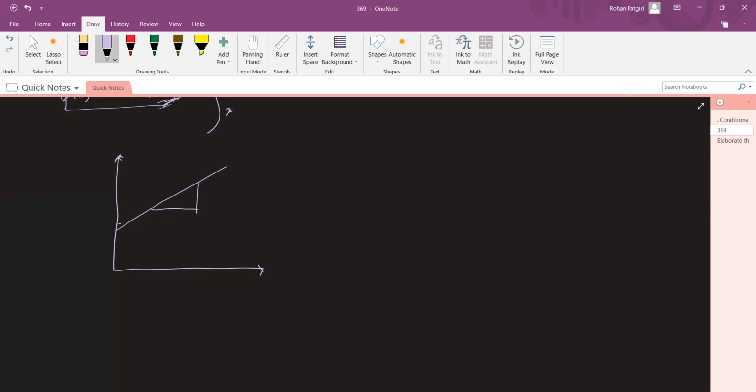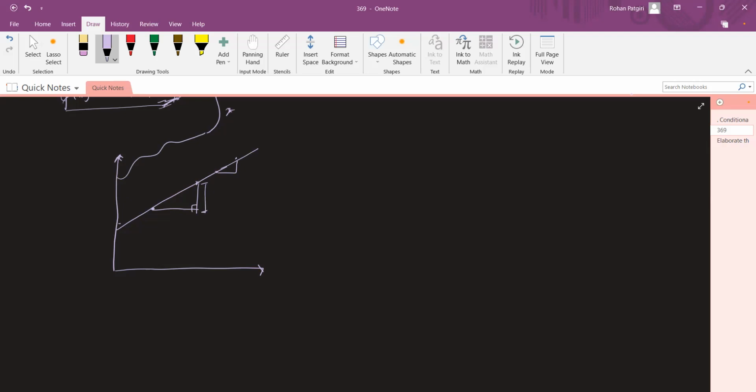For a straight line, for any two points, it will be the same. But if you look at a curve or other kinds of functions, it may be different from point to point. For a straight line, the slope between these two points will be the same as the slope between these two points.